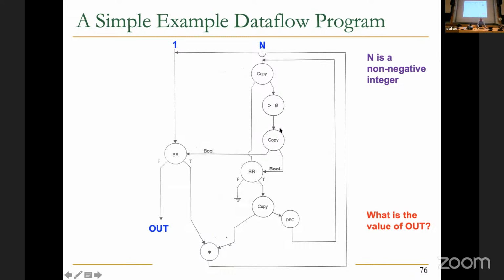So basically, I've shown you what happened, right? If n is greater than 0, in the first iteration, 1 gets passed over here, and n gets passed over here, because n is copied here, and n is greater than 0. So this node fires. So this is n. N gets copied again. So you multiply 1 with n, and then you input that back into the input value over here.